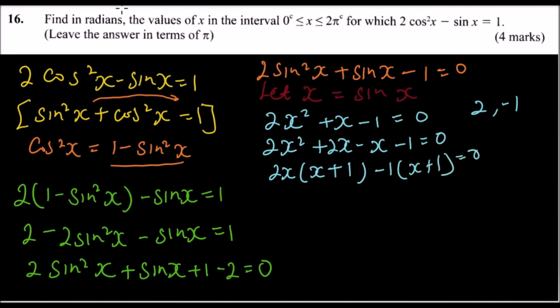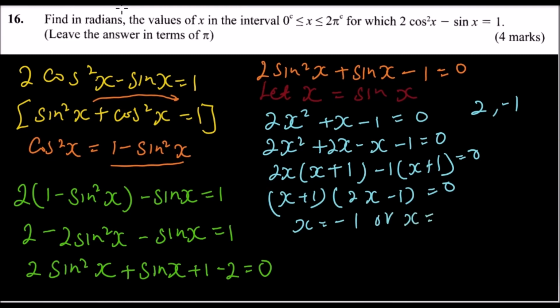So these factors are x plus 1 and 2x minus 1. So that is equals to 0, implying that x is equals to minus 1, or x is equals to a half.